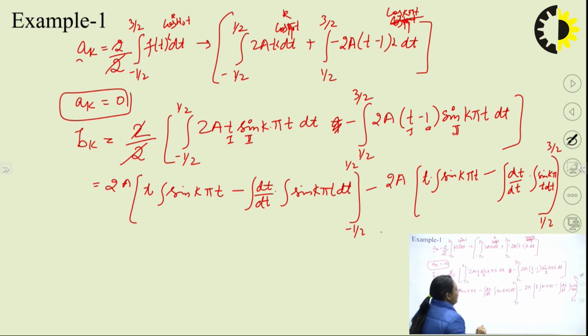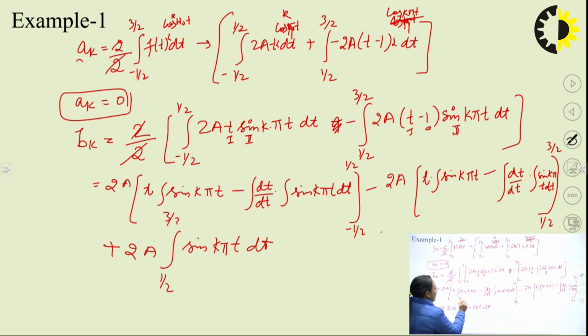For this minus minus plus, that is plus 2a into integration of sin k pi t, and from limits 1 by 2 to 3 by 2.